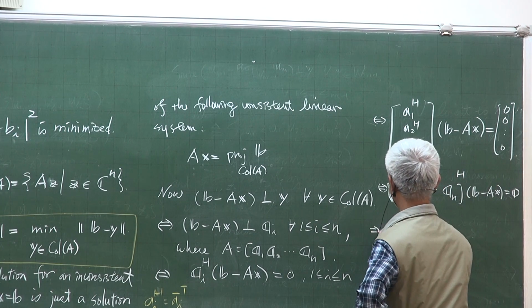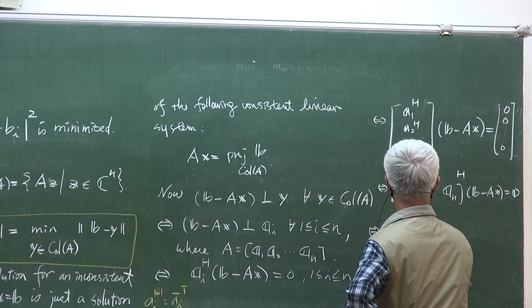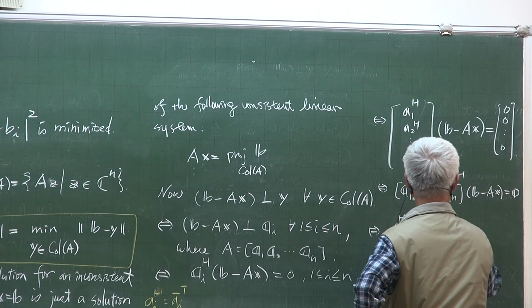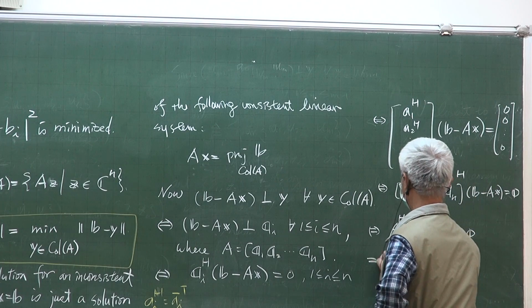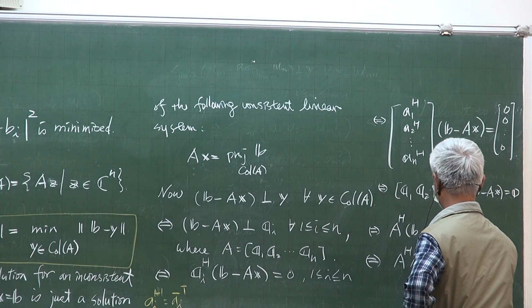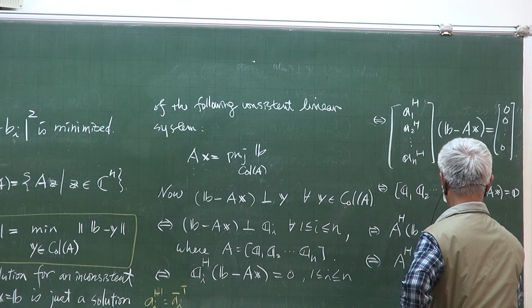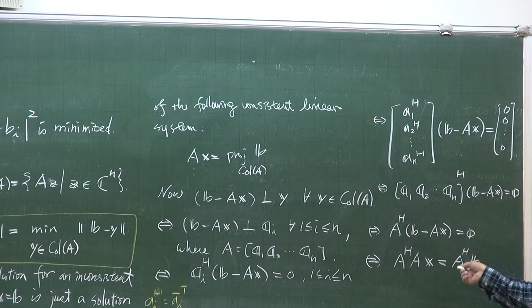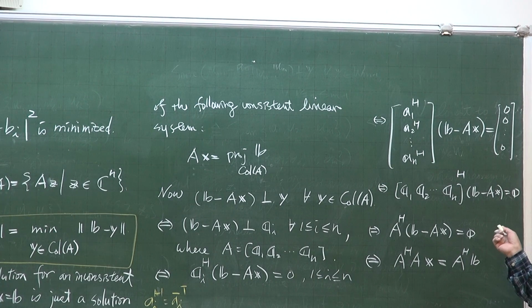And so this holds if and only if AH AX equals AH B. Wow! So now we have a linear system.